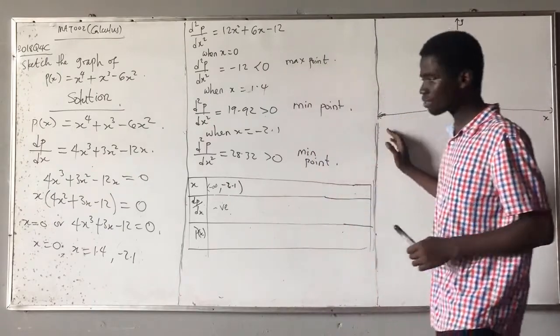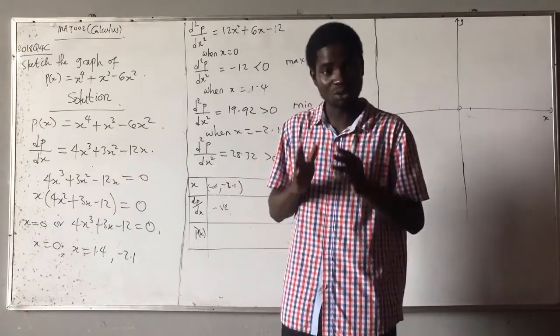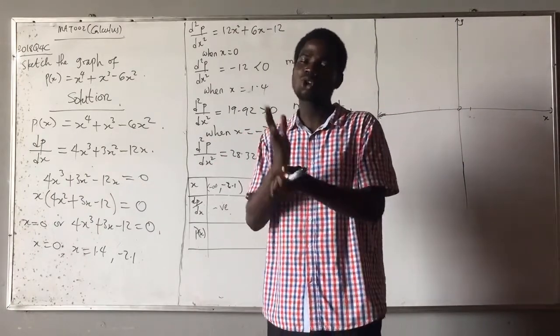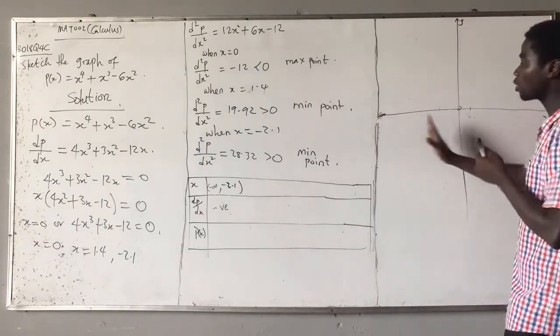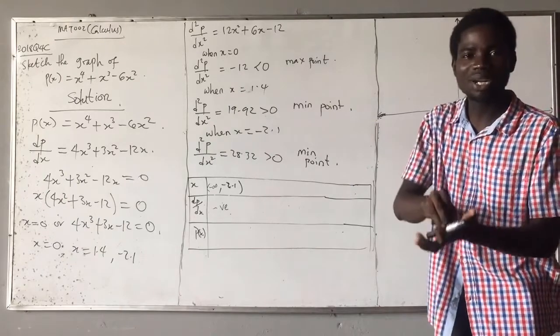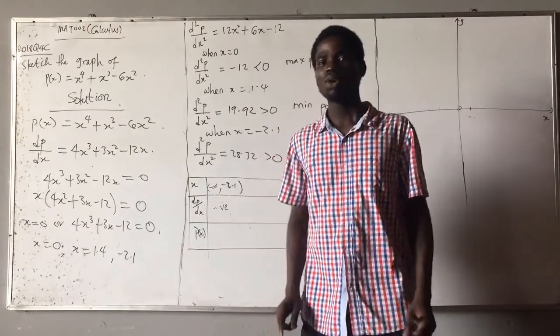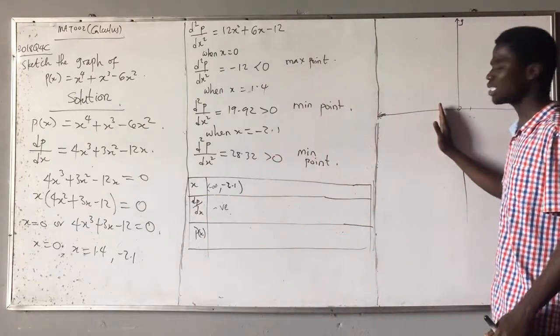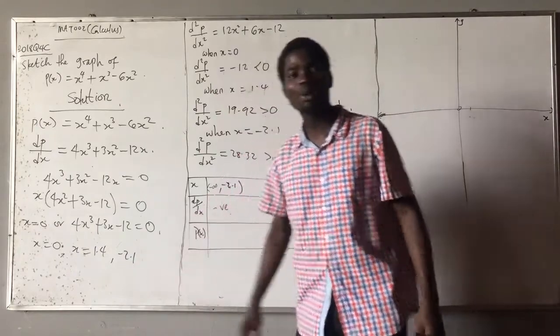If you start from minus infinity, you must cover from minus infinity to infinity, but you have to stop at some point. Where are the points you need to stop? Stationary points. So you start from minus infinity till you get to the first stationary point, which is minus 2.1.